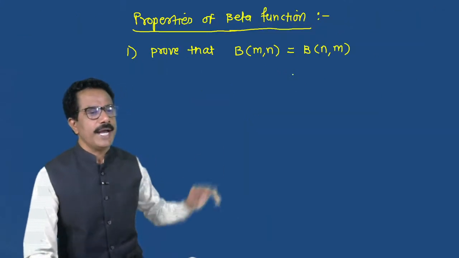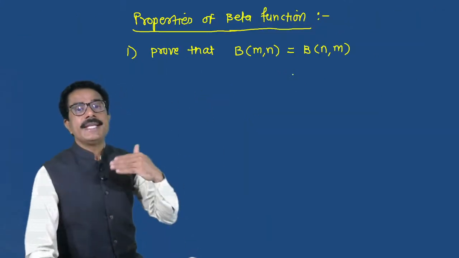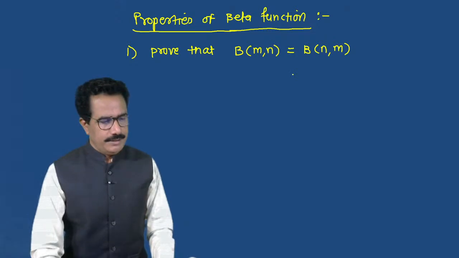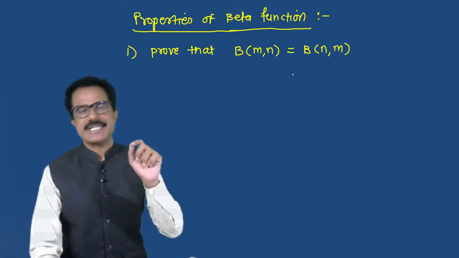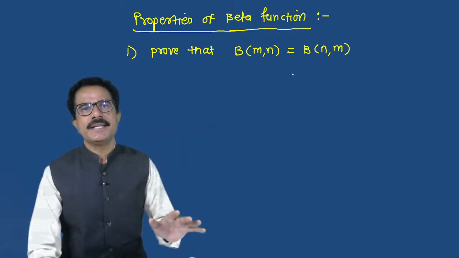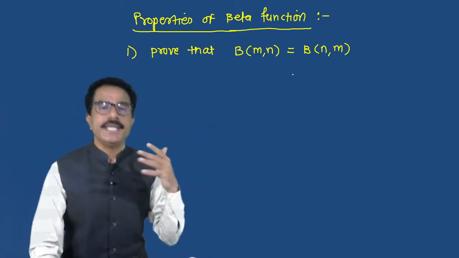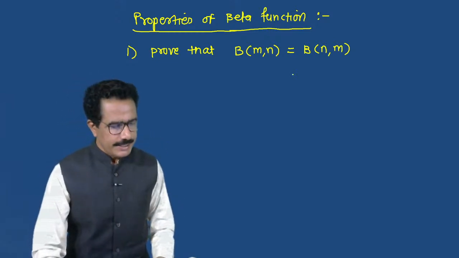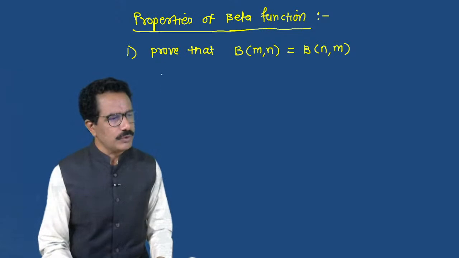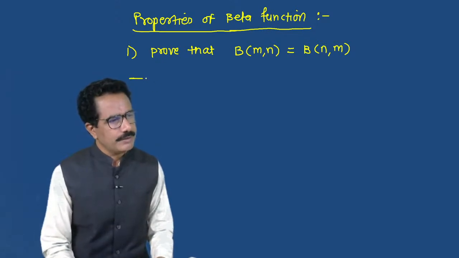We have to show that m and n are symmetrical in the beta function. M and n are symmetrical in the beta function. That means we can interchange m and n. So we shall move towards the formula proof.